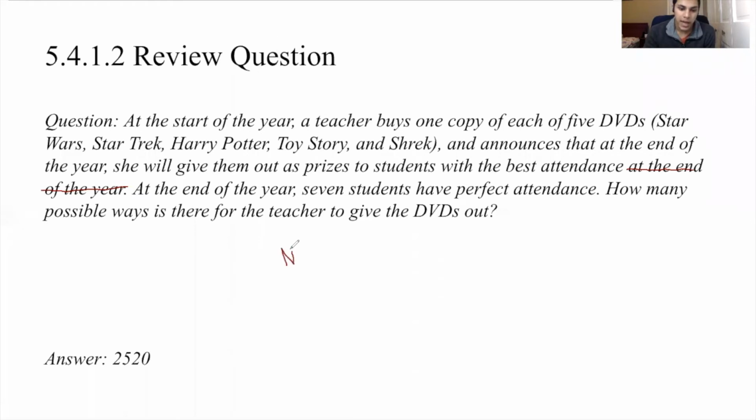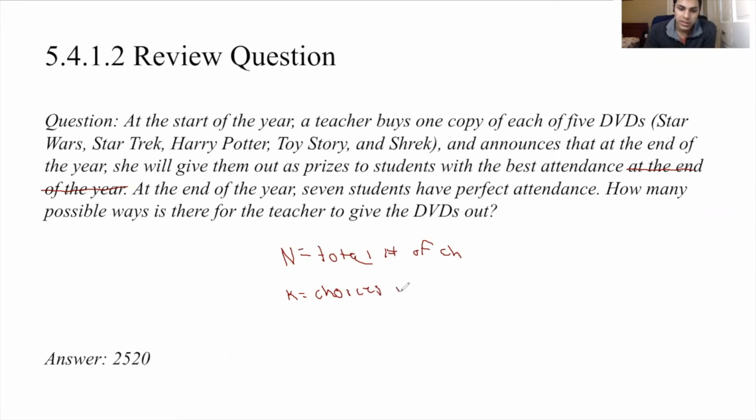So remember, n is the total number of choices, and I'll just write CH for short. And then k is going to be the choices that we care about, right? So the choices where it matters what order they're in or who's given what.